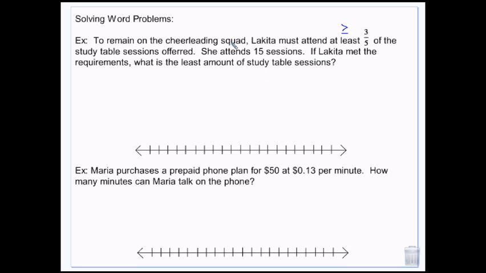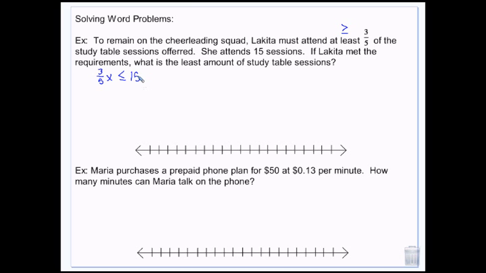So you've got some 3/5 x, and she needs to be greater than or equal to 3/5 of that, but she's attended 15. And so we know that 3/5 x is going to be less than or equal to 15, because if she's met the requirements, that means 15 was good enough, or less than 15 was good enough.